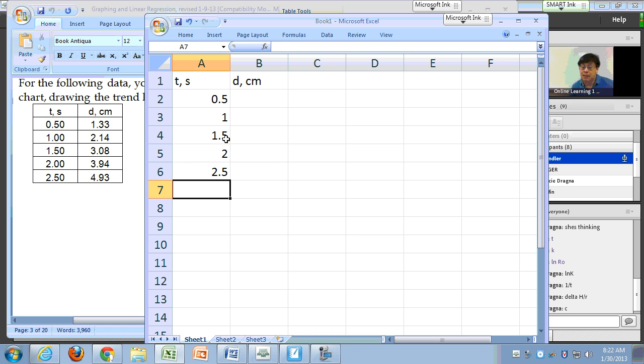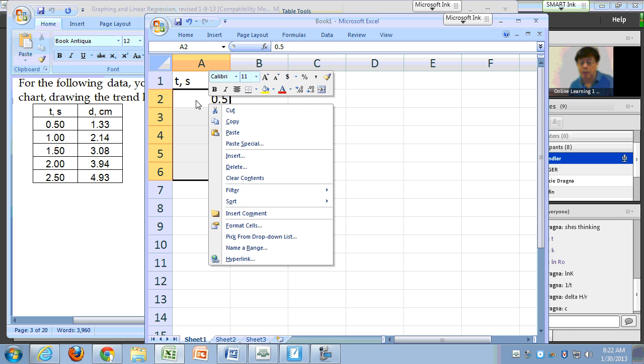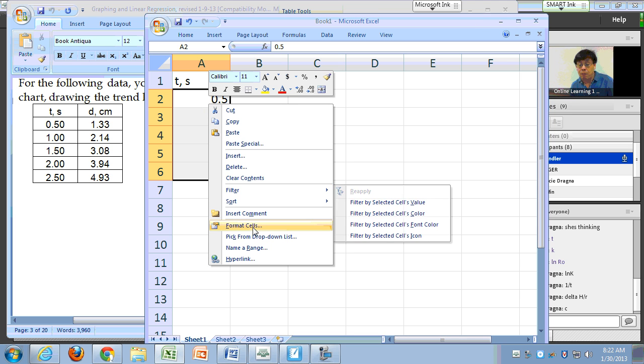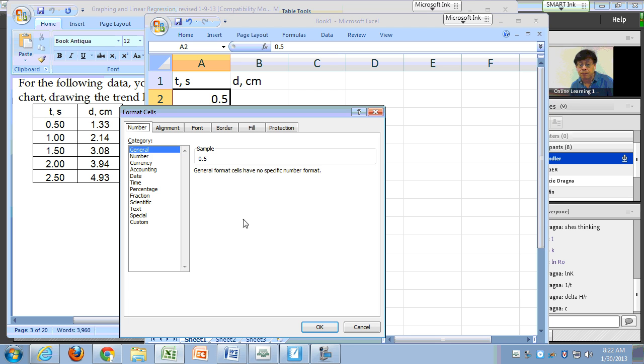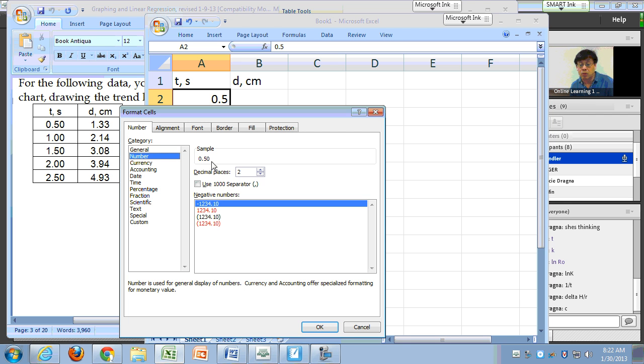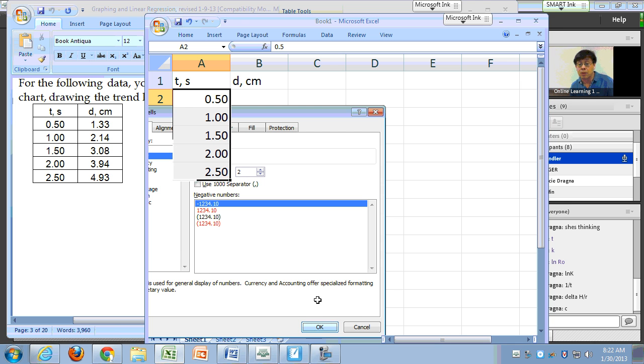Notice that Excel is not putting those trailing zeros in, so I can format this by highlighting it and then right click and then format cells, and then I can have Excel show 2 decimal places. So I click on number here and number of decimal places 2, and it shows it there.